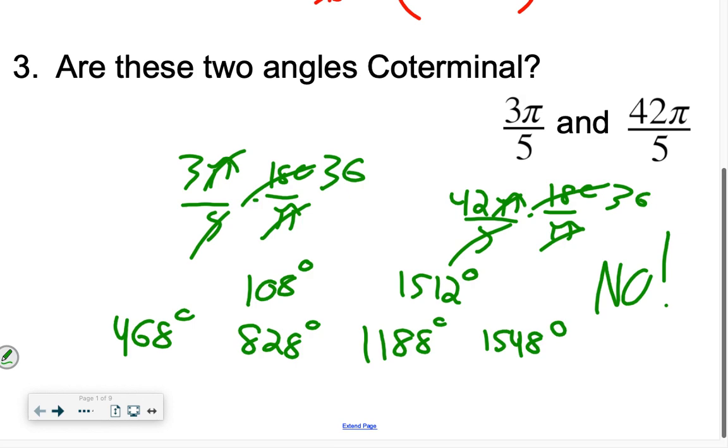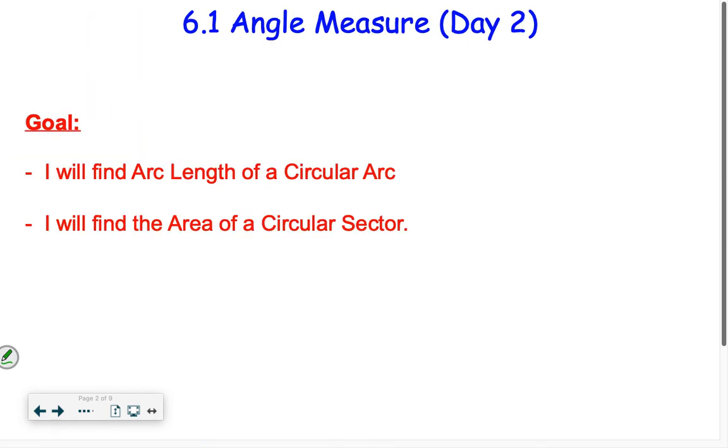Okay? So, jumping ahead. Today is actually pretty self-explanatory, especially if you got yesterday's stuff. It's basically just formulas you plug values into. There are going to be story problems, but they're very basic, so I think we'll be okay.